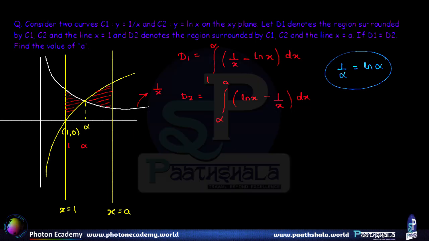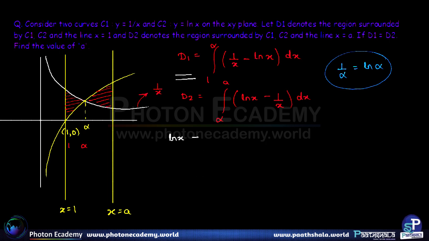So now they have said that D1 equals D2, so we will make them equal. In the first case, the integral of 1 upon x is ln x minus the integral of ln x, which is x ln x minus x, and the limits go from 1 to alpha, and this is equal to D2.